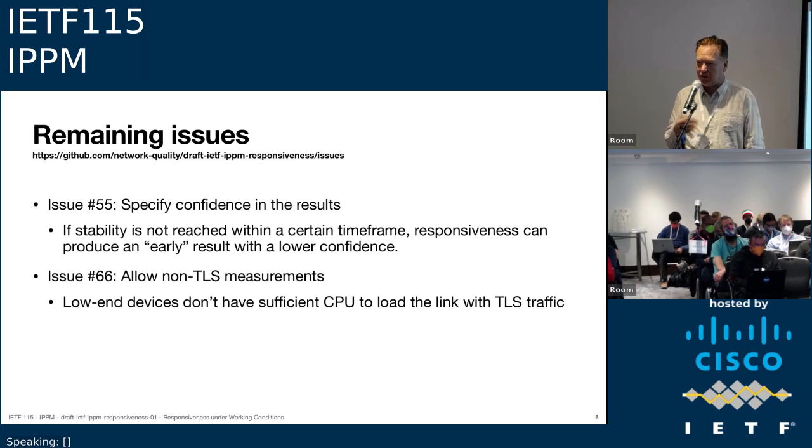So there is a request to support unencrypted capacity measurements as well. That's something we're going to work out how to put into the draft. It's not totally obvious how to do it, for the same reason that HTTP and HTTPS don't run on the same port. There isn't a good in-band negotiation way to say, are we using encryption or not? But we will sort that out.